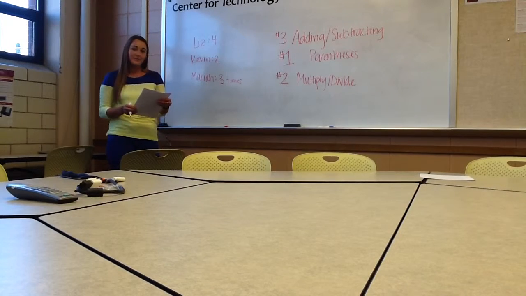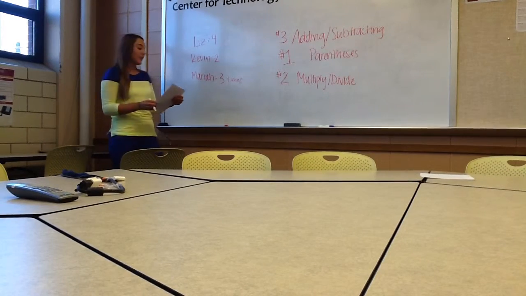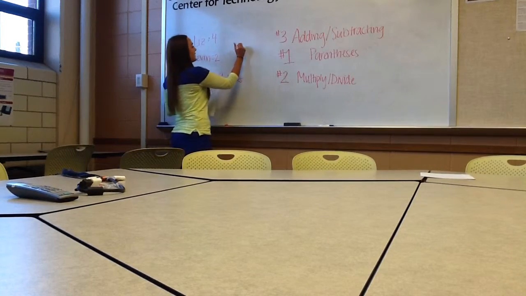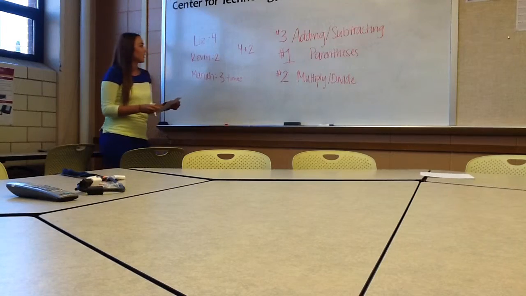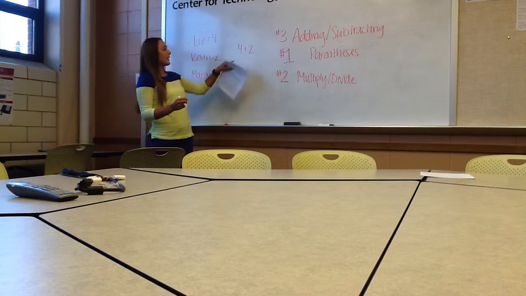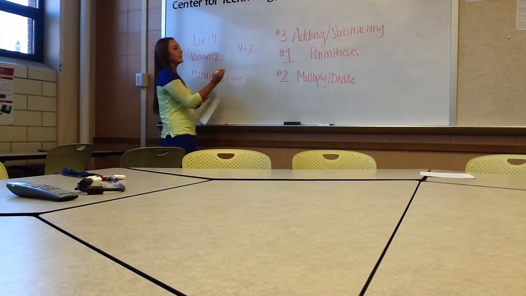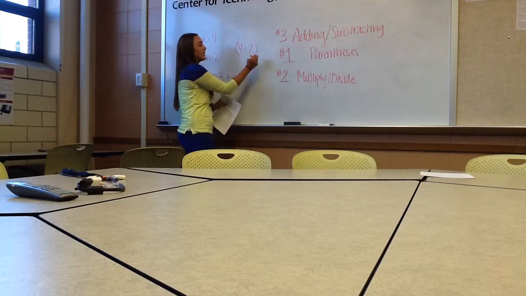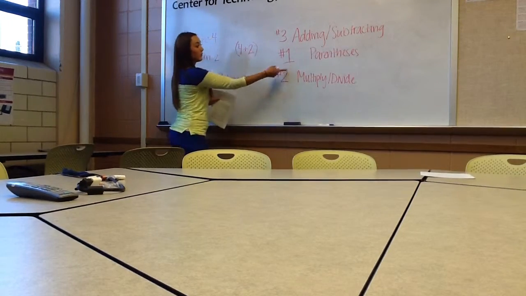Yes, Aaron? We need to know how many Liz and Kevin have together. Very good. So we need to add them together. So that's the start of our first numerical expression. But because we know, like Aaron said, that we have to know the sum before we can get the 3 times, that means we put them in parentheses because that is the first order of operation.